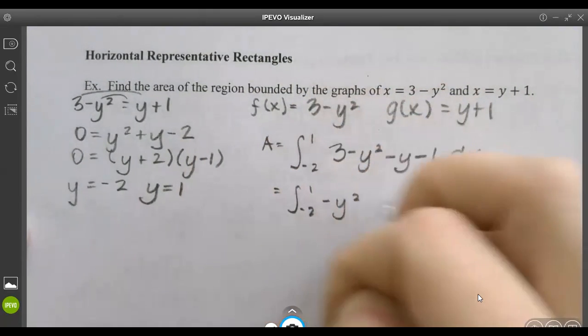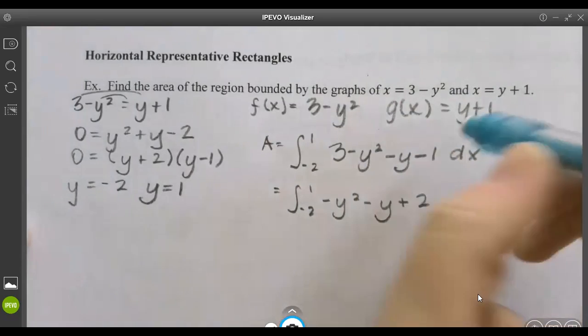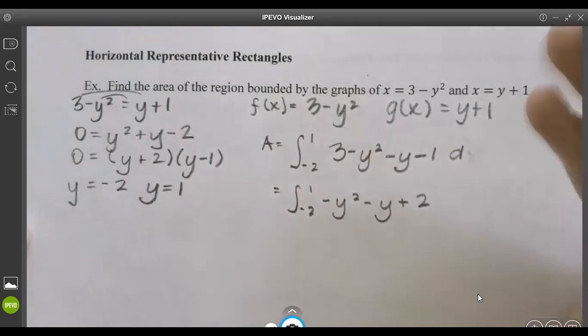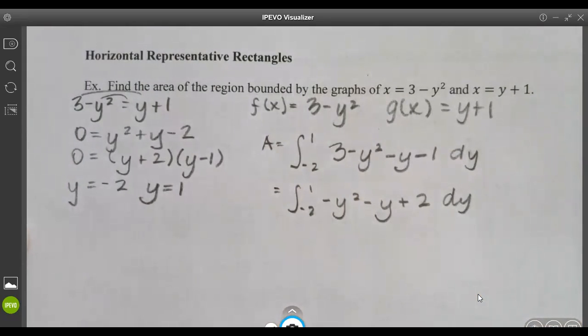Have negative y squared minus y plus 2, and it shouldn't be dx, it should be dy. I apologize. But you work it the same exact way. What is my integration?